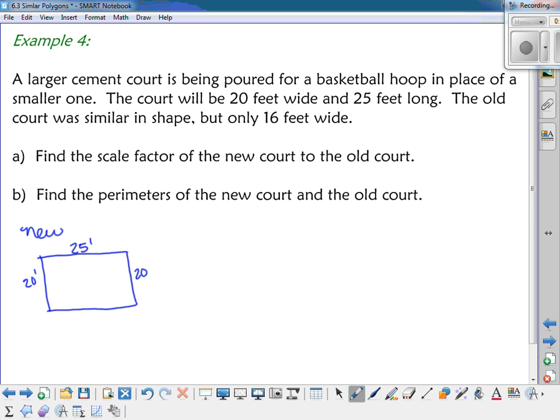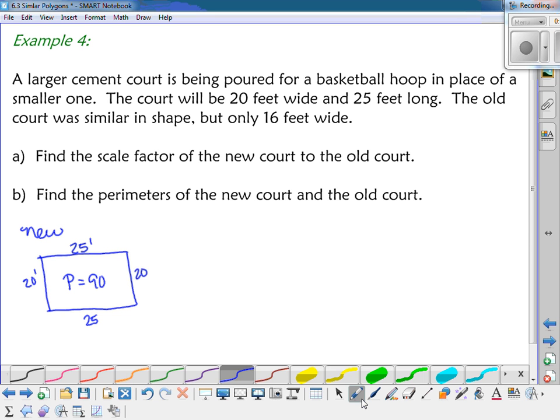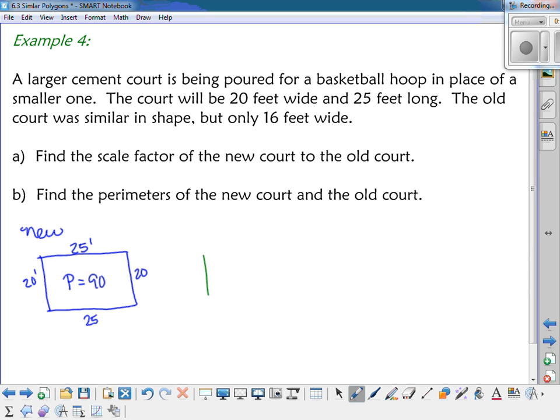Basically I have 20 plus 25 plus 20 plus 25, so that adds up to a perimeter of 90. Now my old court is smaller, and all they told me was that the width was equal to 16. But I don't know the length, so I don't know the perimeter.